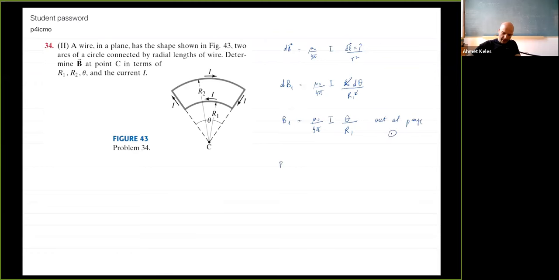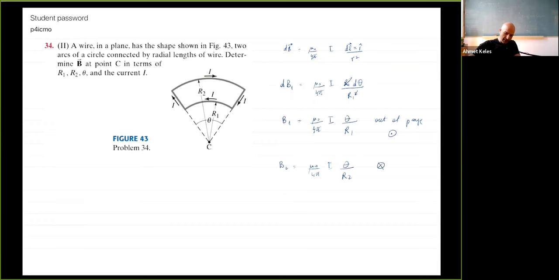Similarly, the other one, the B2, exactly the same, mu 0 over 4 pi I theta divided by now R2, but the current direction is flipped, so the magnetic field will also flip, so this is going to be into the page.